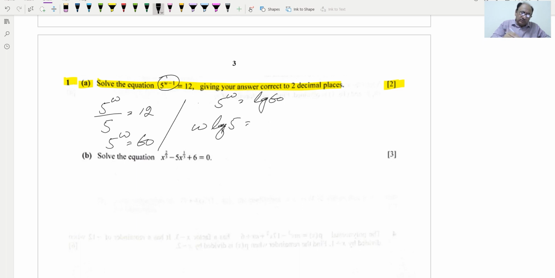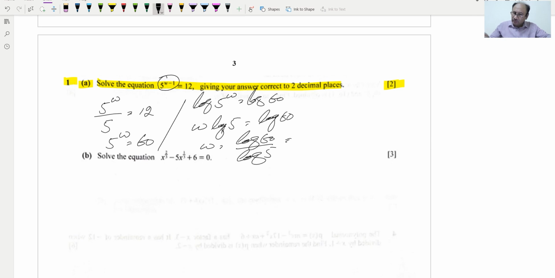So W can be written as log of 60 over log of 5.